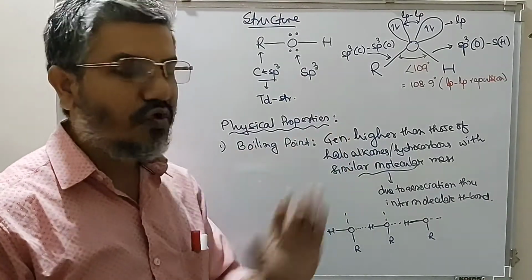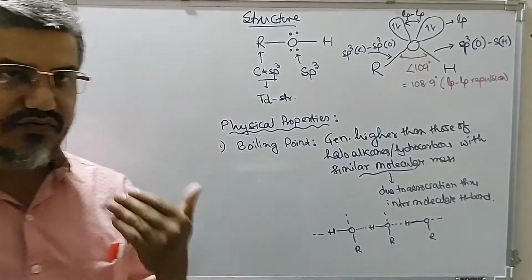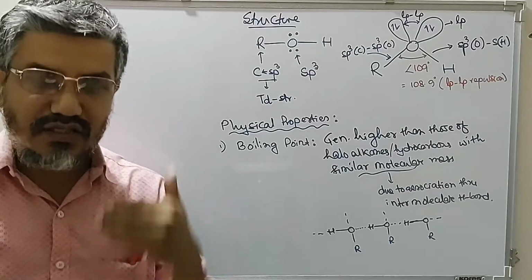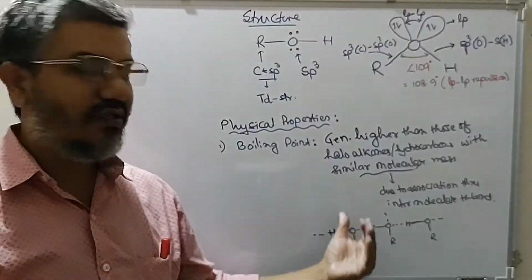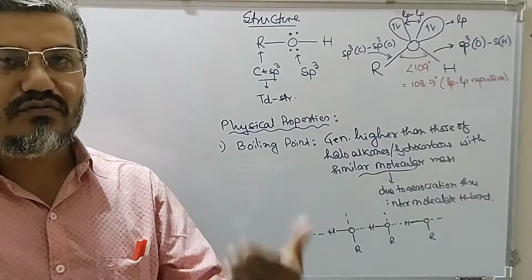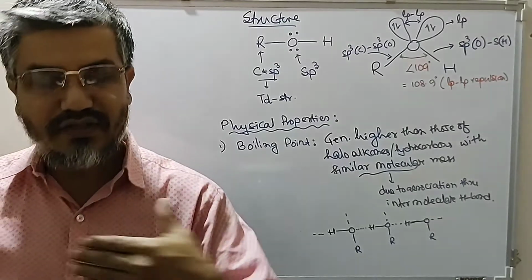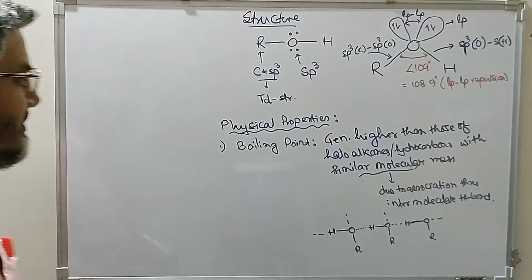Now, for homologous series, as the molecular mass increases, the surface area also increases. The intermolecular attractive force along with this hydrogen bond also increases. As this molecular mass increases when we are moving on a homologous series, the boiling point also increases.